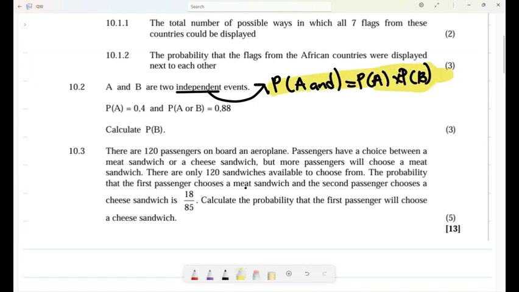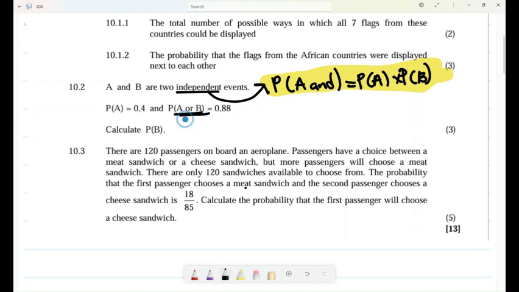All right. An independent event tells me that the probability of A and B is equal to the probability of A multiplied by the probability of B. Then here, the probability of A is equal to 0.4 and the probability of A or B is equal to 0.88. The question says calculate the probability of B. Now I can use the original equation.